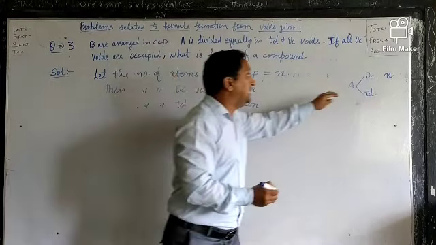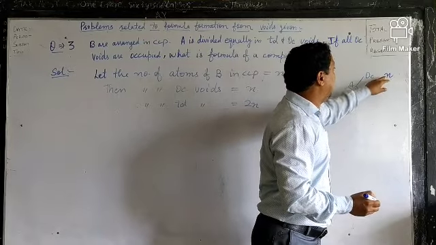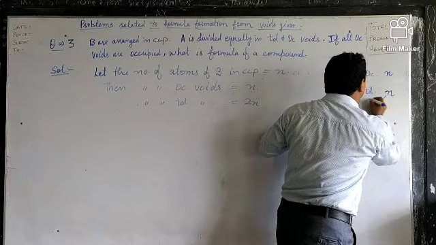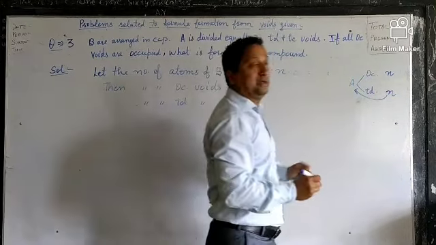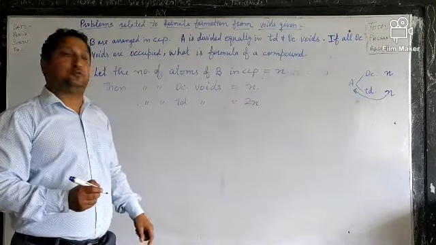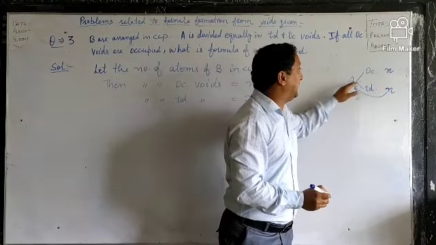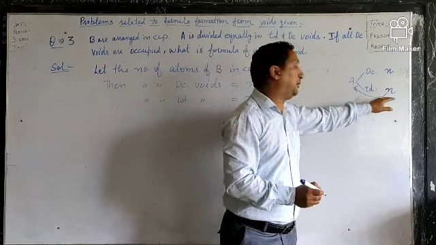It means if n octahedral voids are filled by A, then n tetrahedral voids are also filled by A. So A will be n of octahedral voids and n of tetrahedral voids.